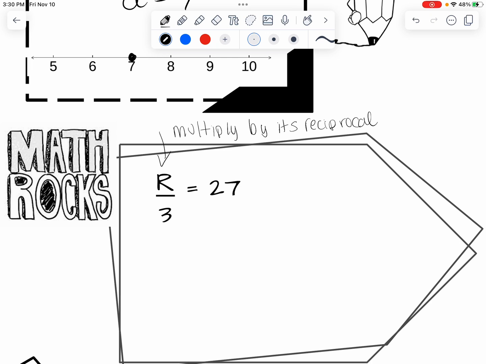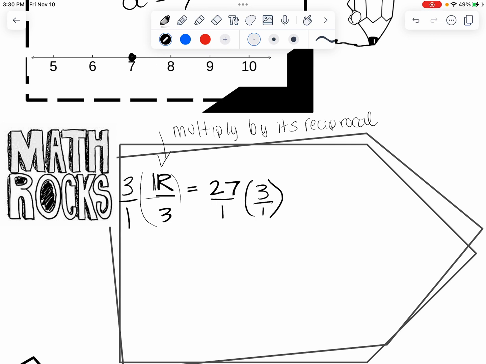So the reciprocal of 1 over 3, we can just multiply that by 3 over 1. But what I do to one side, I have to do to the other. So I have to multiply this side by 3 over 1 as well.